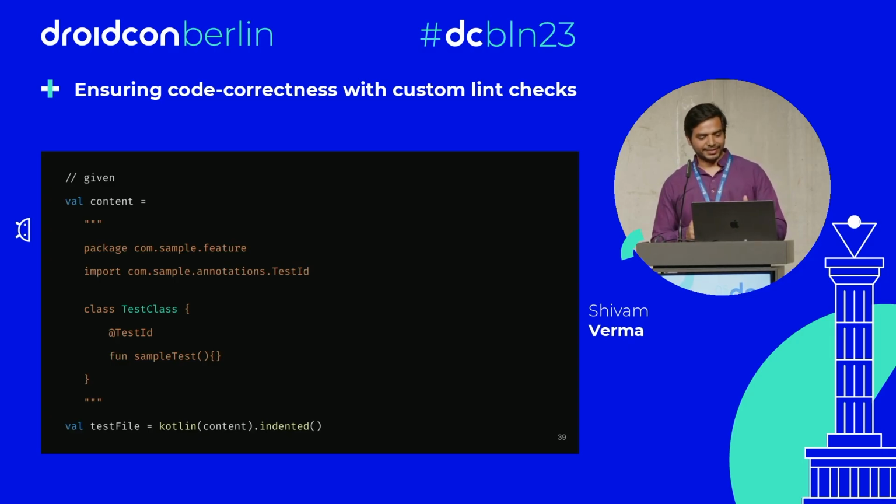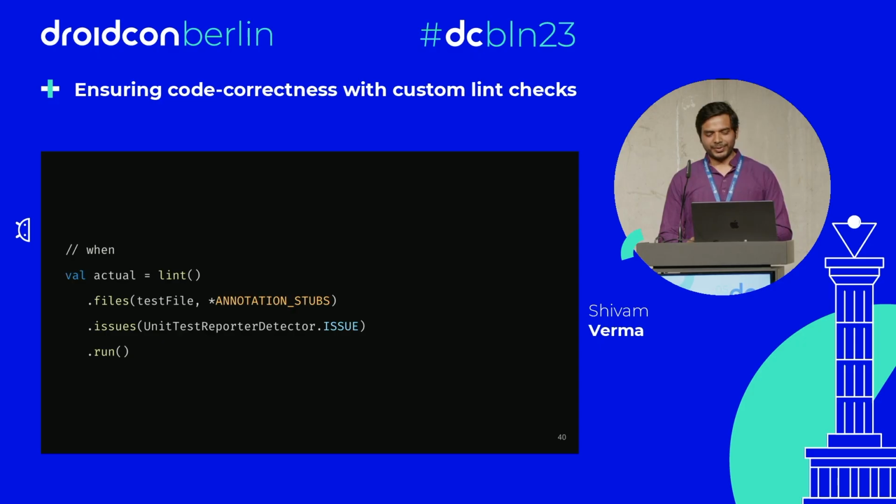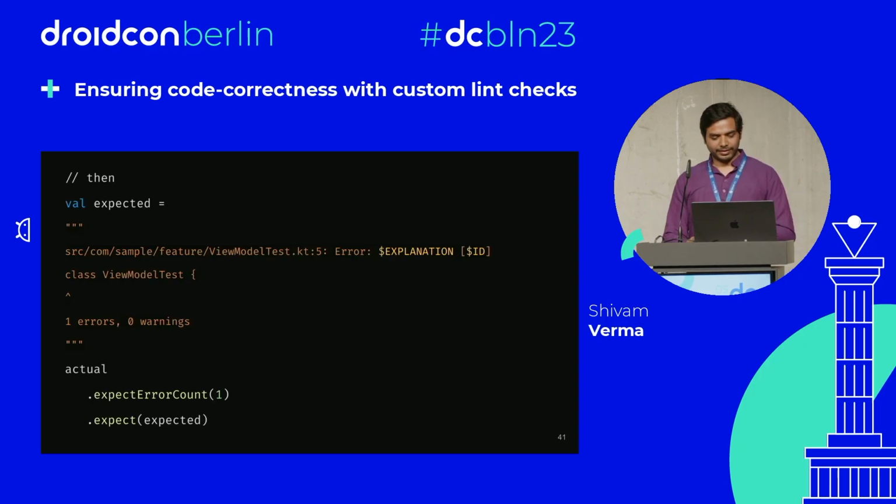We have a test class. It has a test that's implemented and annotated with the test ID. And in this case, we notice that the test class itself is not annotated with the test reporter annotation. So what we expect when we actually run the lint on the test file along with the issue is that this expected error should be shown.